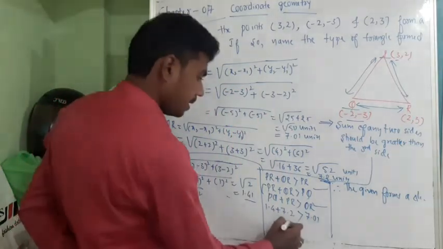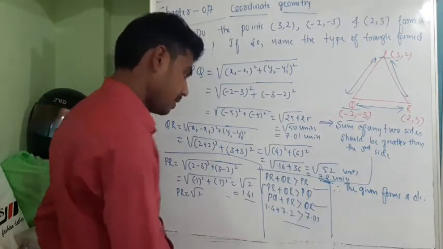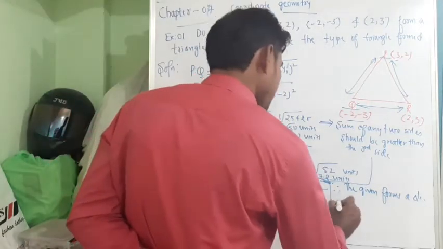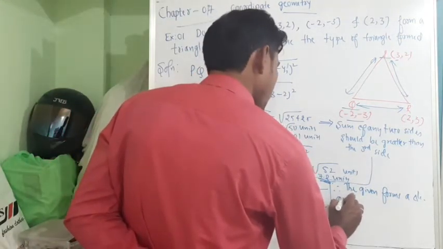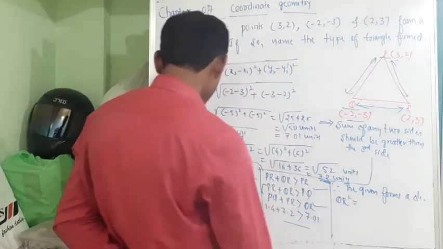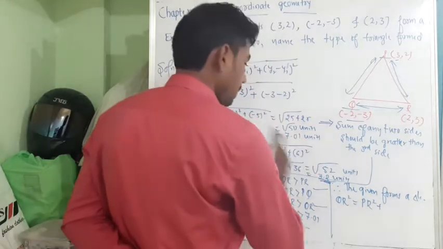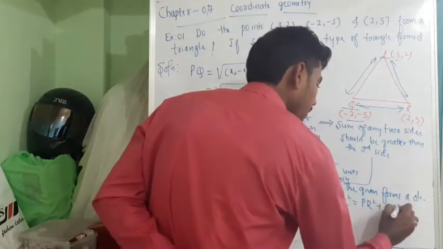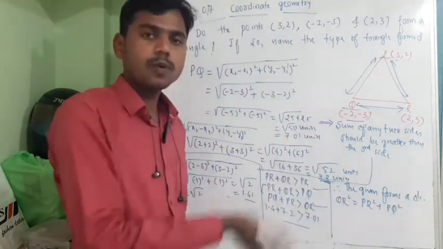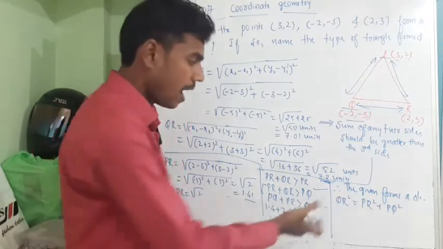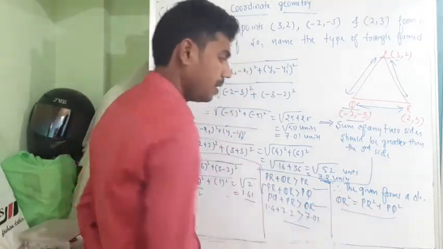The greater side, this is the greater side. If I take this, QR square is equal to PR square plus PQ square. We need to verify. If it's satisfied, then we can conclude it as a right angle triangle. I have used the Pythagoras theorem here.